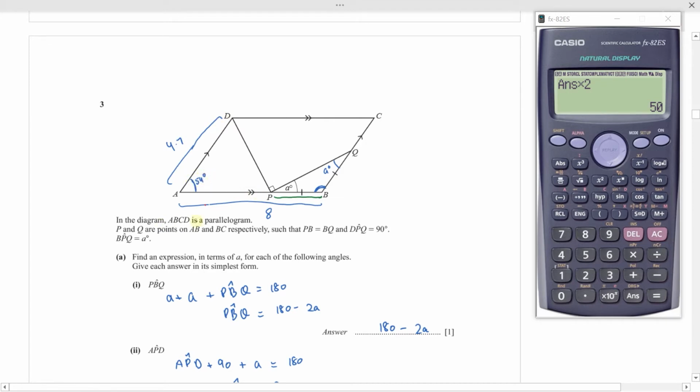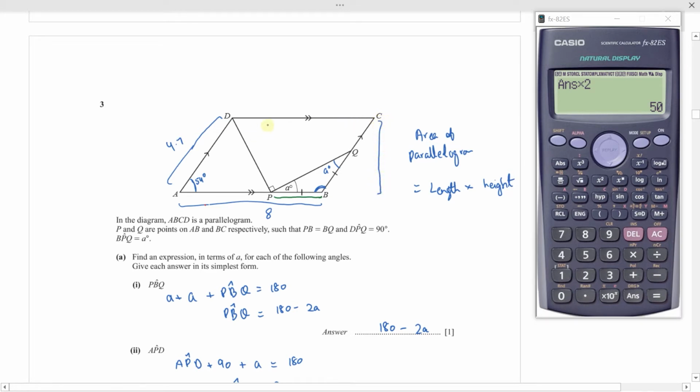And now you have to calculate the area of this parallelogram ABCD. So the formula for area of a parallelogram is length into height.